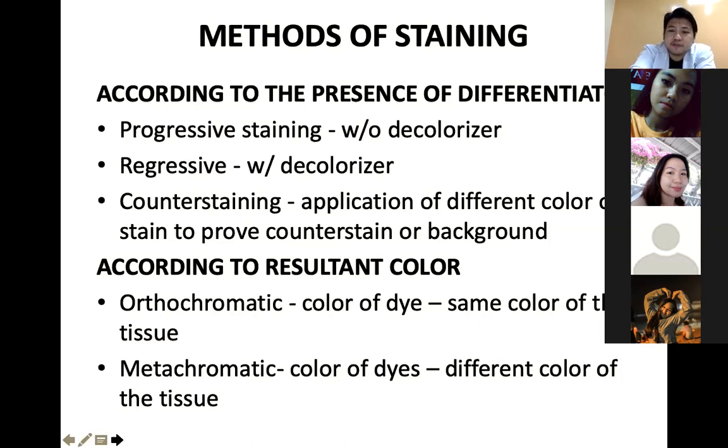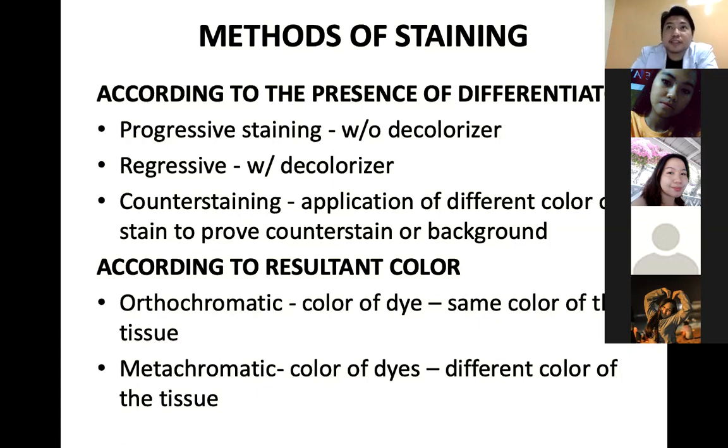Counterstaining class is the application of a different color or stain to provide contrast to the background. In the counterstaining class, we do not stain the tissue. What we stain is our background.